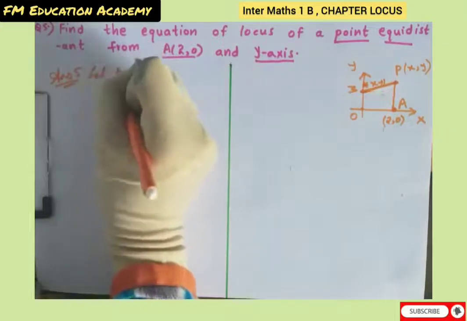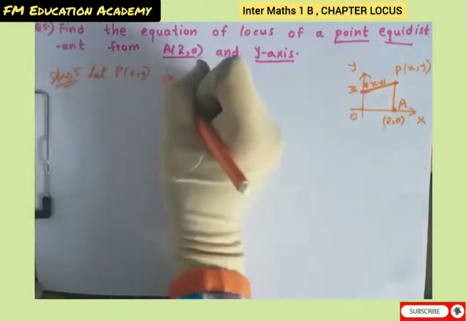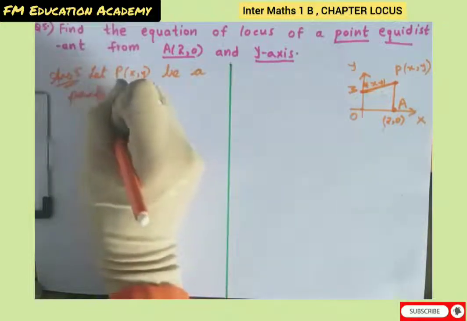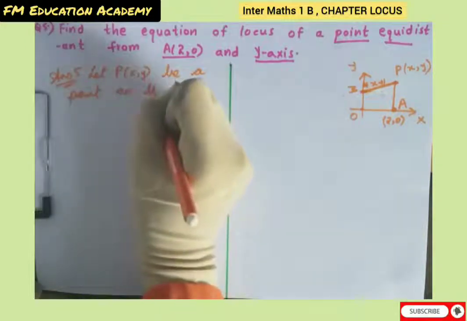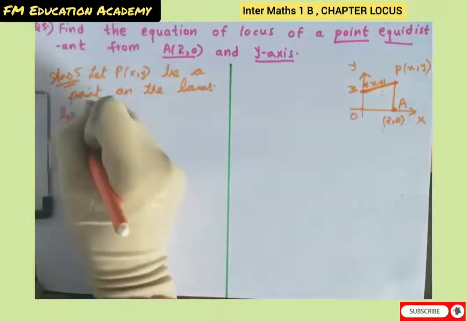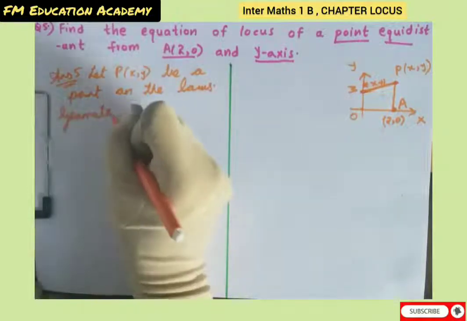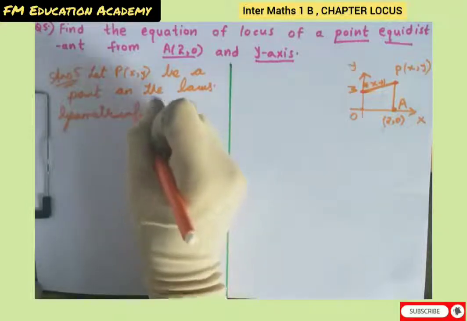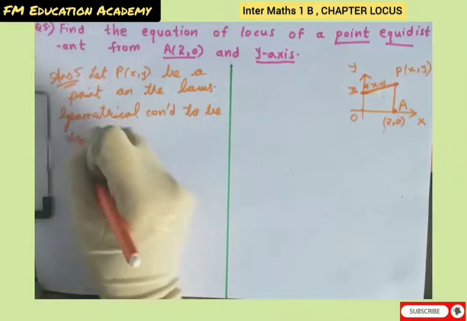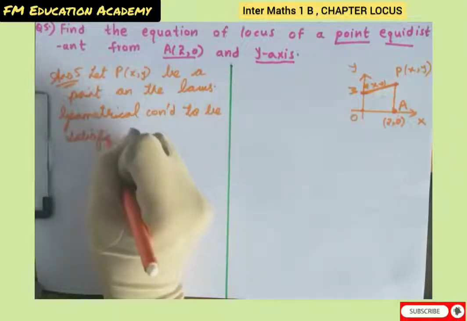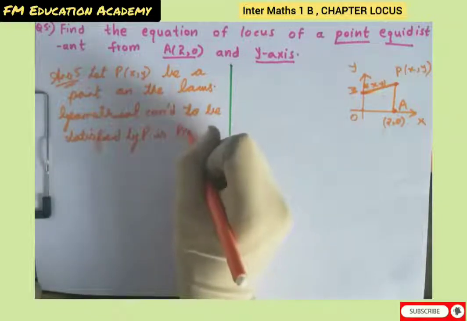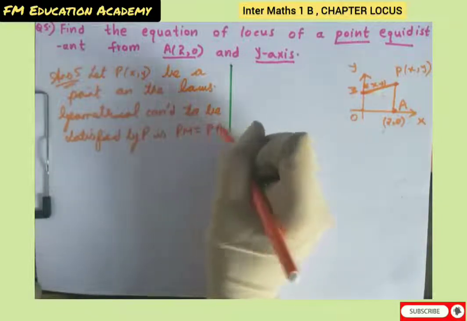So we can write: let P(x, y) be a point on the locus. The geometrical condition to be satisfied by P is PM is equal to PA.